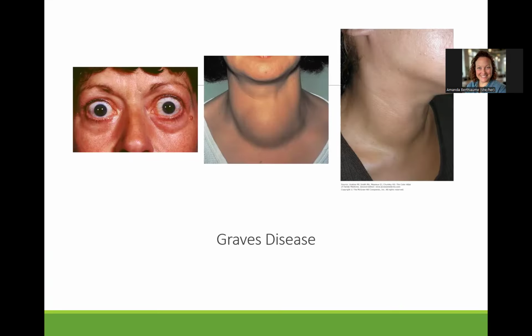So luckily I did not have these side effects, but with Graves' disease, the thyroid is pumping too much thyroid hormone. You can see people with bulging eyes, that goiter, or inflammation or swelling of the thyroid gland. These folks run really hot. They might have anxiety, and there are thyroid storms where it's almost like an anxiety attack, but it's actually just part of the thyroid and the hormones.